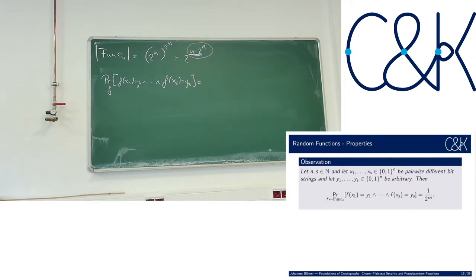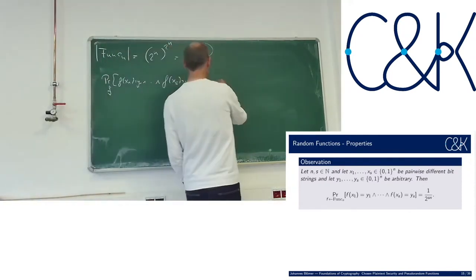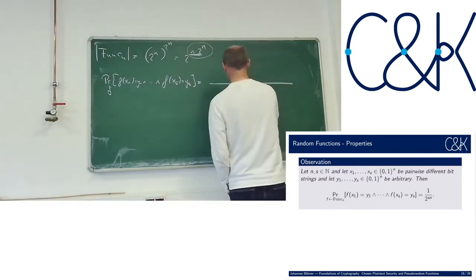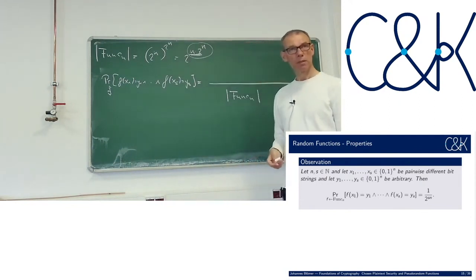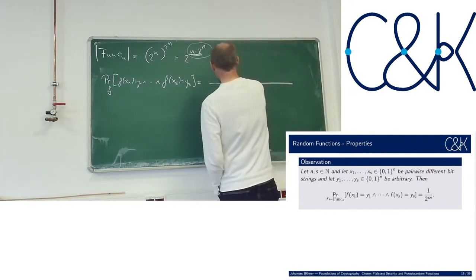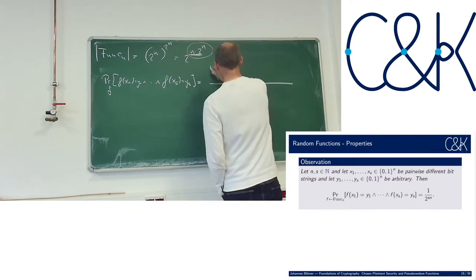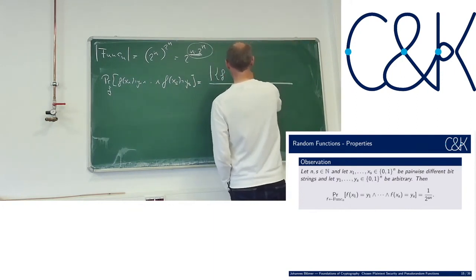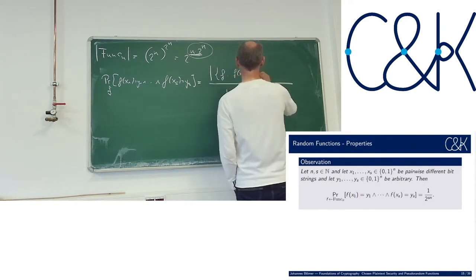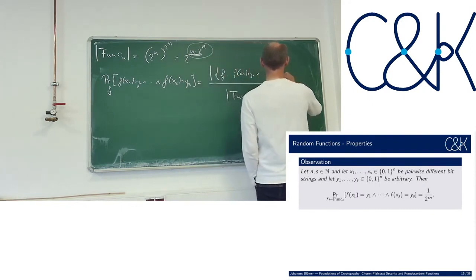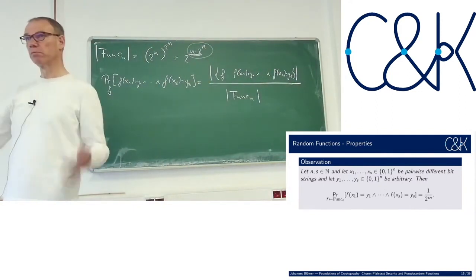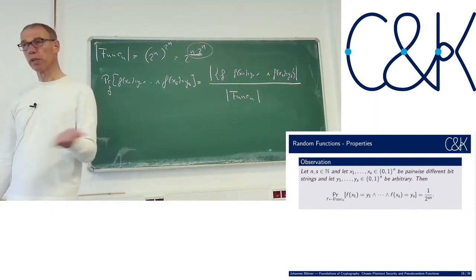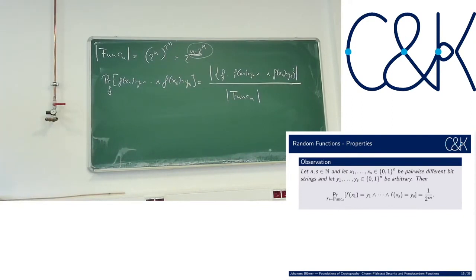Right? So this is the size of the set of f such that f(x1) = y1 and f(xs) = ys, divided by the size of my space. It's uniform. The number of good ones divided by the overall number.